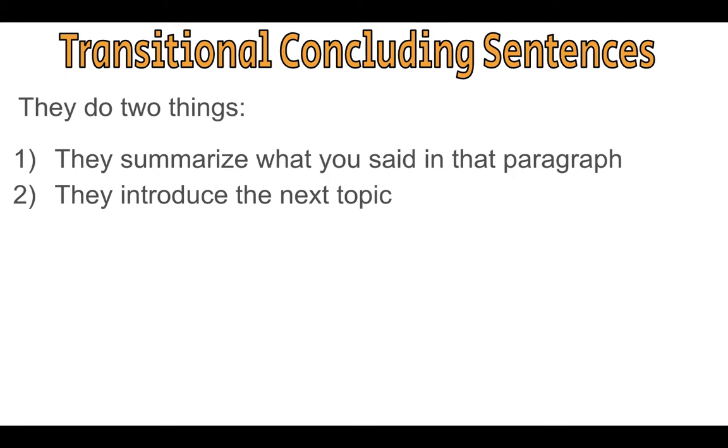So if I'm writing a whole essay about why North Tama is better than GR, and in that one paragraph, I just talk about athletics, and then I give examples from basketball and baseball and stuff like that, then I could transition and go, not only is North Tama better at athletics, but they're also better in academics. I summarized that I talked about athletics, and then I talked about academics in the next topic. So I'm transitioning from one paragraph to the next, okay?